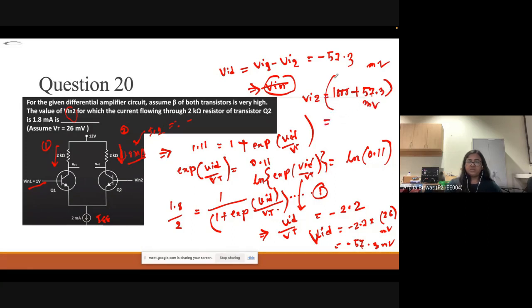Am I correct? It is matching with your answer also. Almost 1057 millivolt, 1.057 volt. This is V input 2. This is the answer.